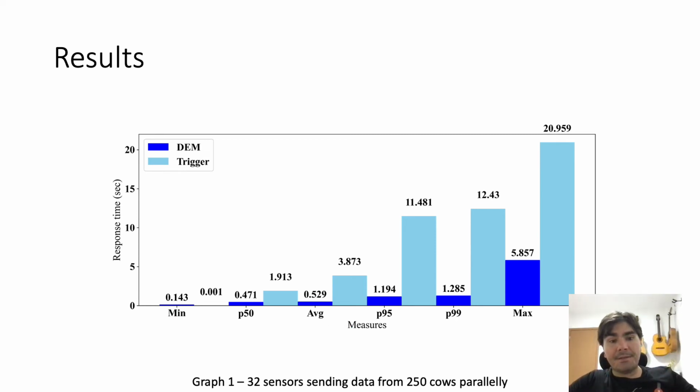just to comment here, this first experiment is composed of 32 sensors sending data from 250 calls parallelly. Okay, continue here.